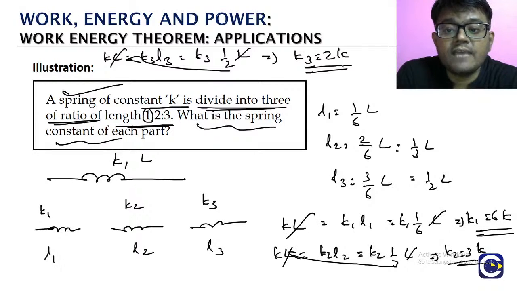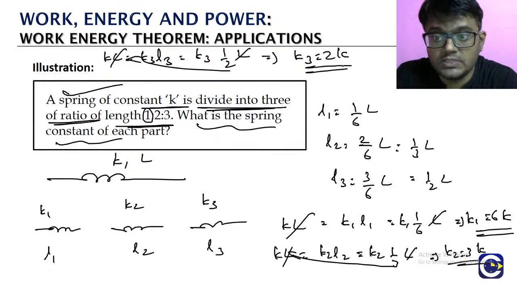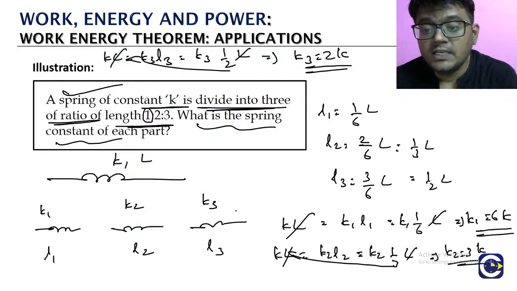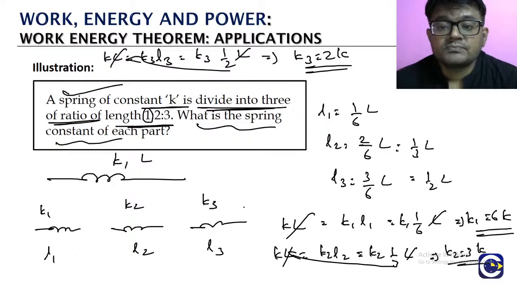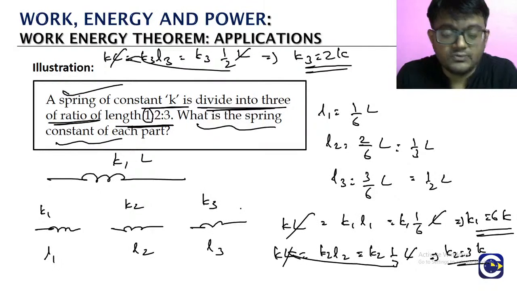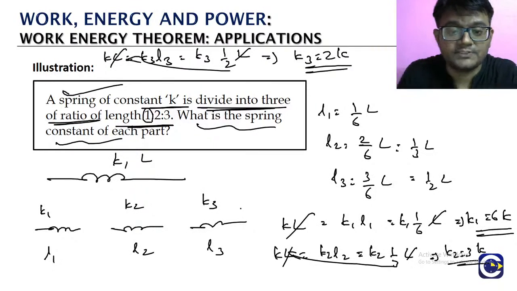That product will be the same for all the parts, and it will also be equal to the spring constant of the original spring multiplied by the length of the original spring. Okay, so this result we have to remember. So this is about the series combination of springs and dividing the spring into parts. We have seen dividing the spring into equal parts and into unequal parts.